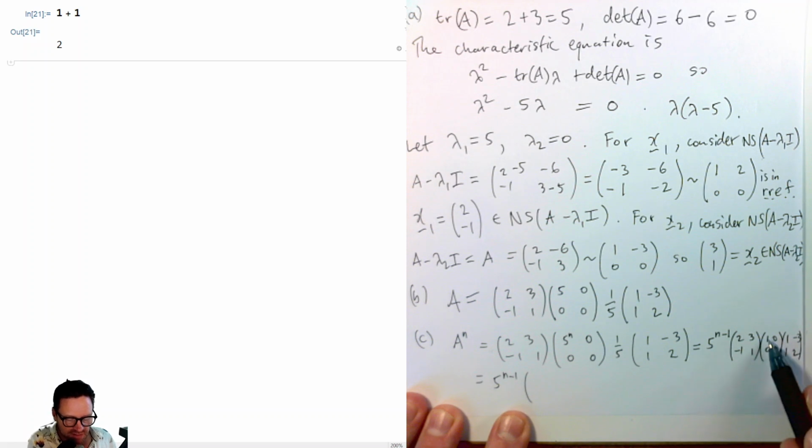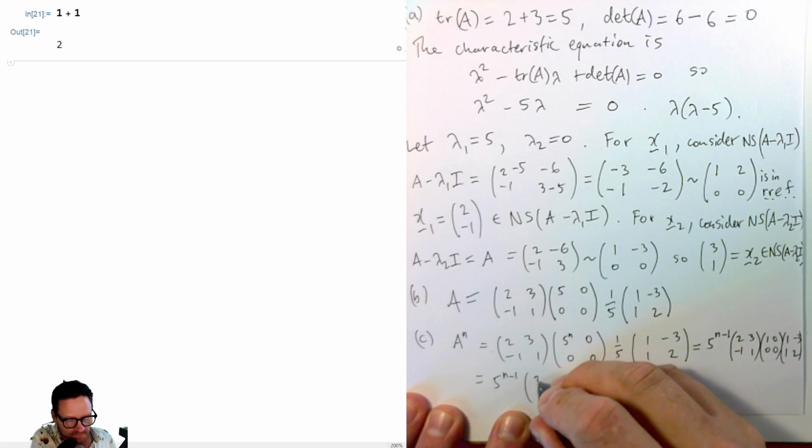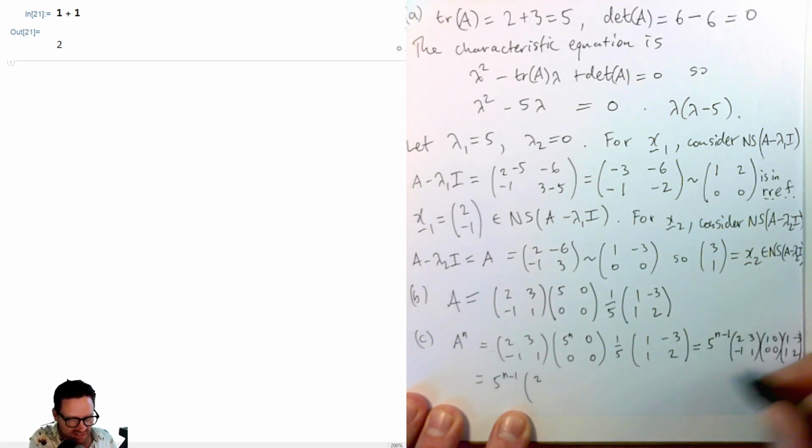Now 2, 3 times the first column gives us 2. 2, 3 times the second column gives us 0. Minus 1, 1 times the first column gives us minus 1. Minus 1, 1 times the second column gives us 0.